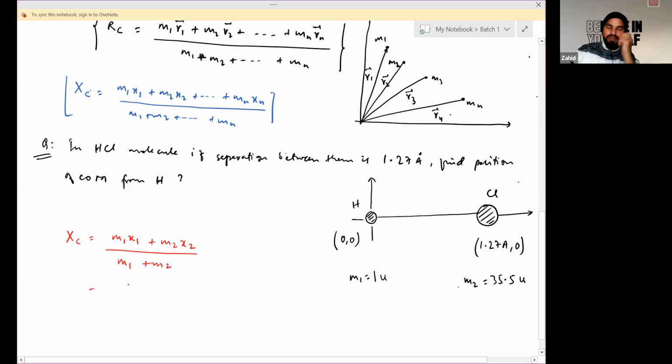Putting in the values, m1 is 1, x1 is 0, m2 is 35.5, x2 is 1.27, divided by 1 plus 35.5. On simplifying, you will get 1.24 angstrom.